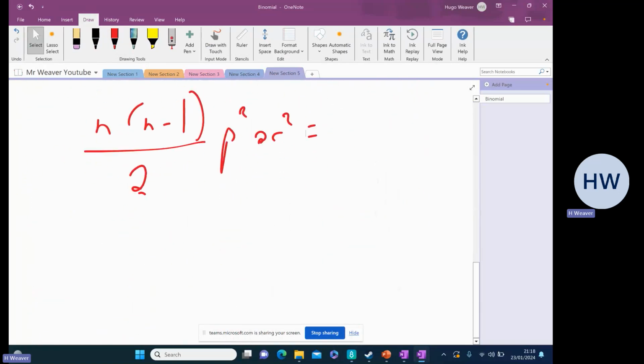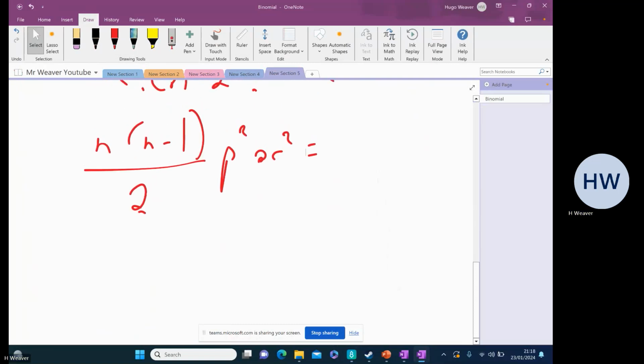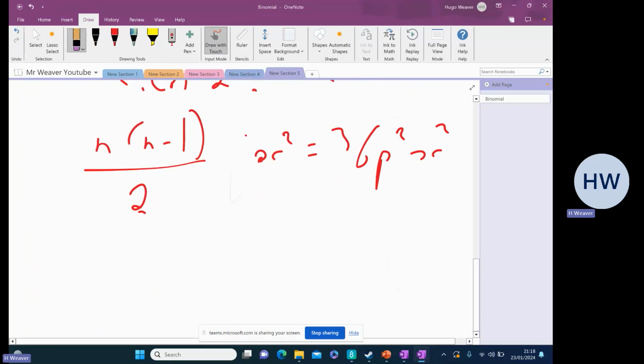Yeah, 36p squared x squared. Okay, so what I can do is if I take a factor of p squared and x squared out of both sides, I now have n open bracket n minus 1 over 2 equals 36.